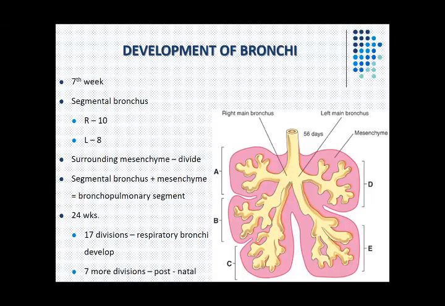Ultimately, you have the development of the respiratory bronchi at 24 weeks of development. Postnatal life में you have 7 more subdivisions, and then the respiratory tree is complete. So the development of the bronchi continues in postnatal life as well.